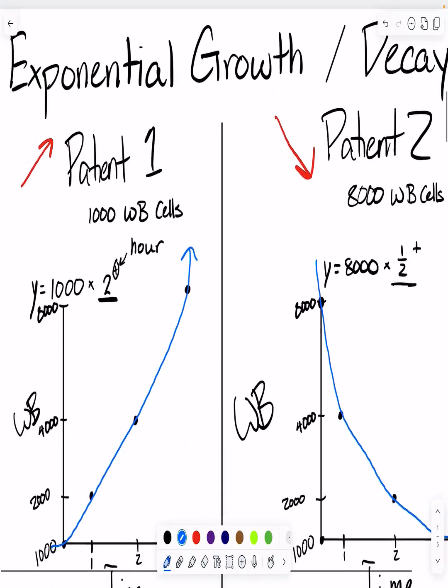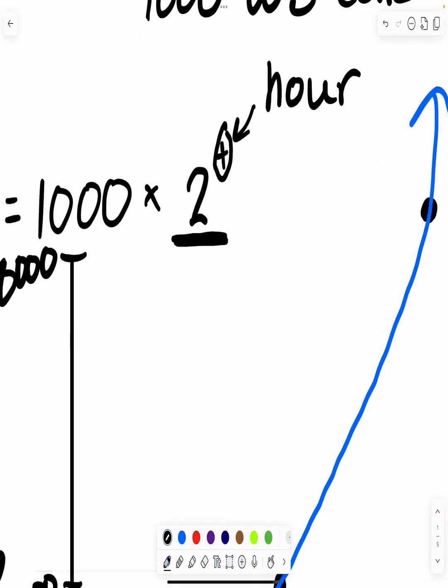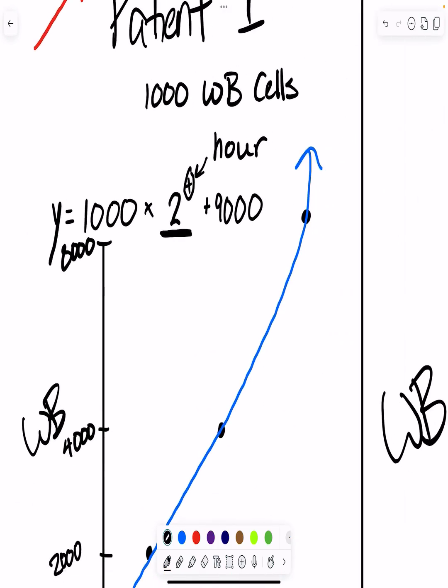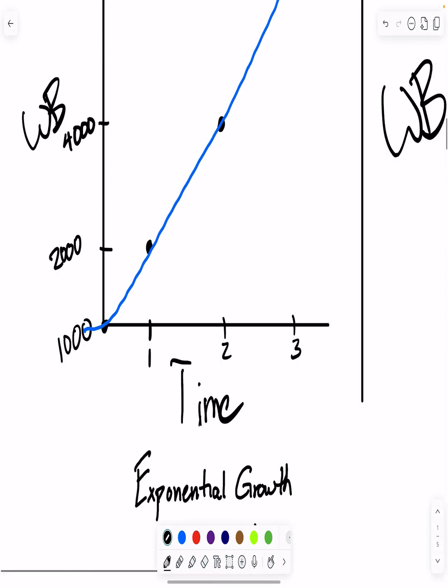Now, what would that mean contextually back at our first example? Let's say, for example, we were to add an additional 9,000 white blood cells at the end for patient 1. So now their predisposition, if we think about it, is 10,000, because 2 to the power of 0 is 1, and 1,000 times 1 is 1,000, plus 9,000 is 10,000.